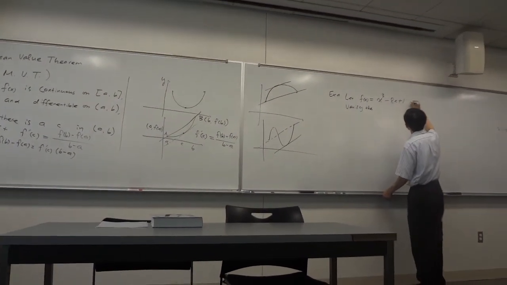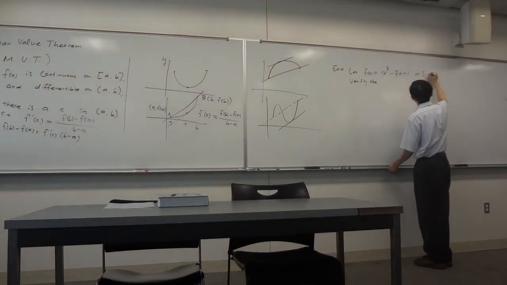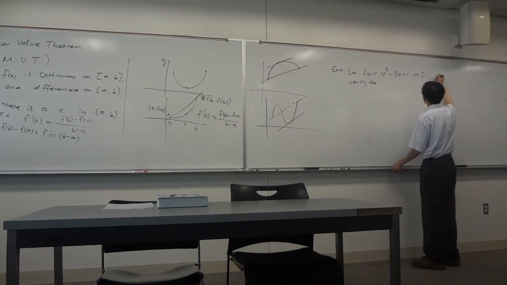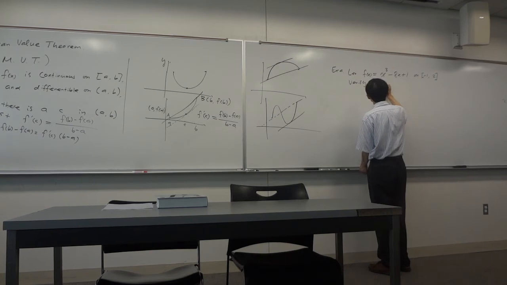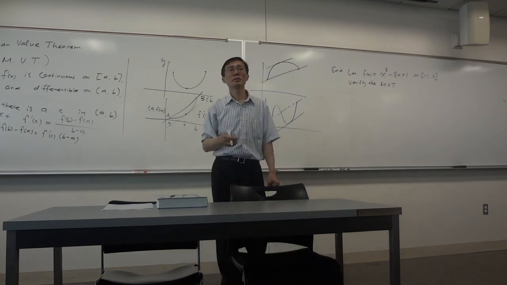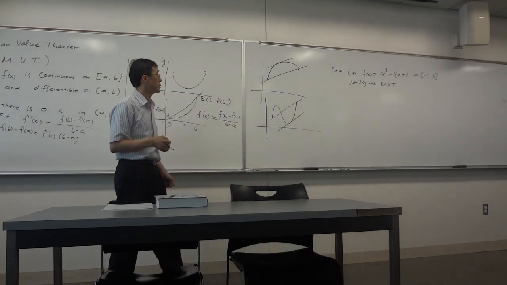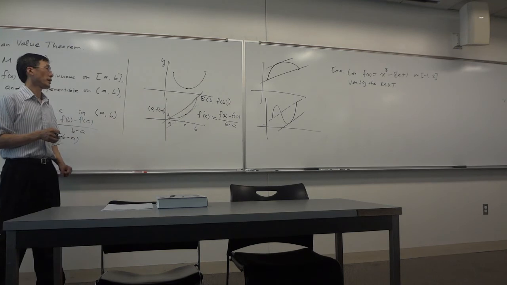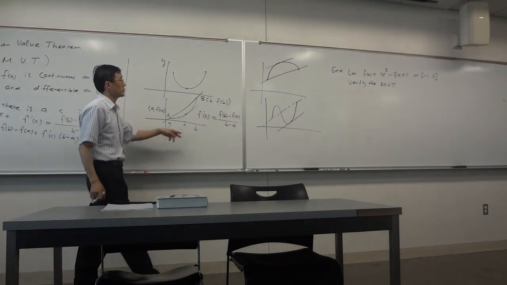Let's say this is defined on minus 1 to 2. Verify the mean value theorem. Okay, what does that mean? We're trying to find a c such that f prime c is equal to this expression.